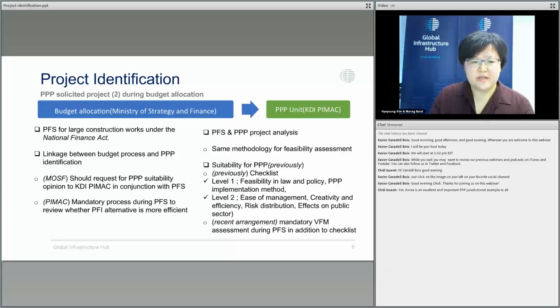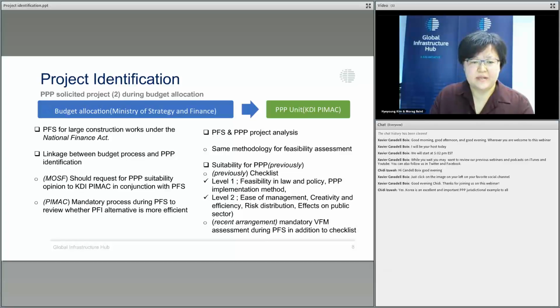And as I mentioned before, the PPP unit uses the unified methodology for public financing projects and PPP projects. So the feasibility assessment uses the same standard for public financing and PPP projects.